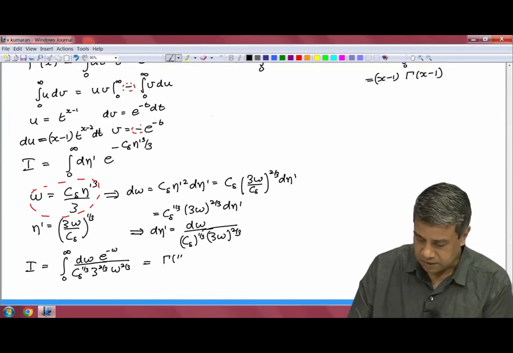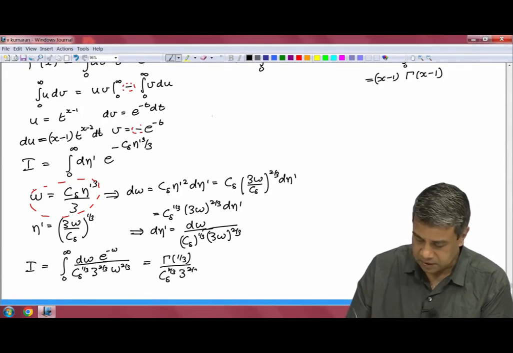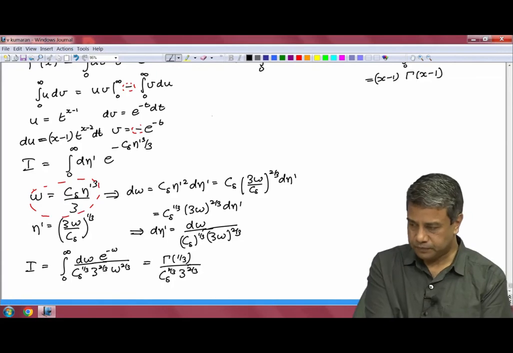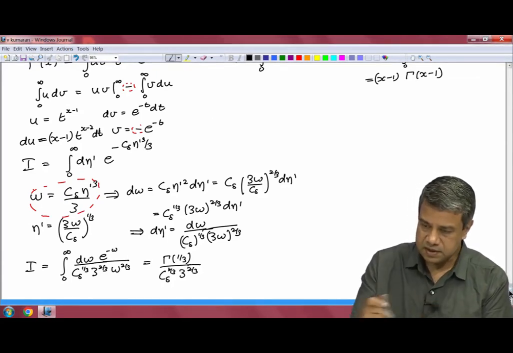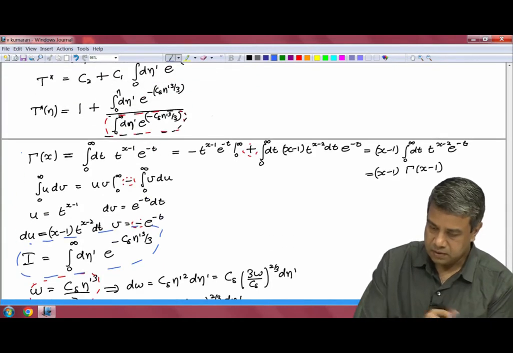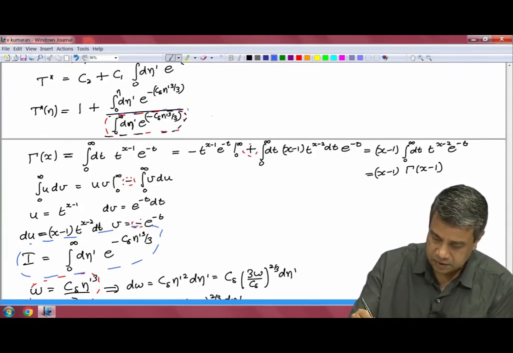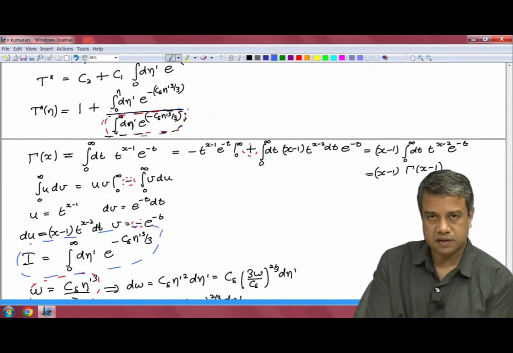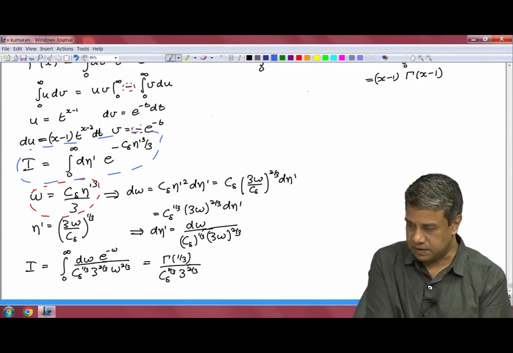So, this is equal to gamma of 1/3 by c delta power 1/3, times 3 power 2 by 3. This is the integral that we had started off with, which was in the denominator of this expression.